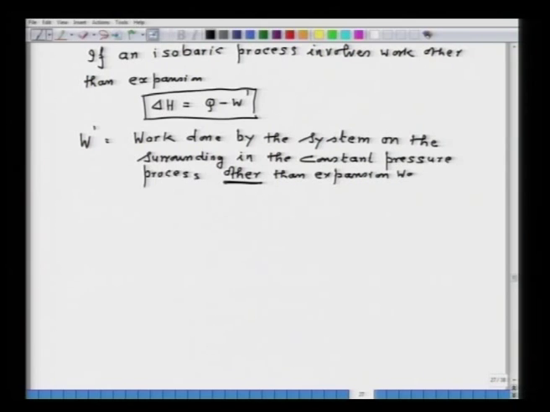As I have just given an example, in an electric furnace which also operates at constant pressure, minus W means that much amount of electricity has to be supplied into the system.